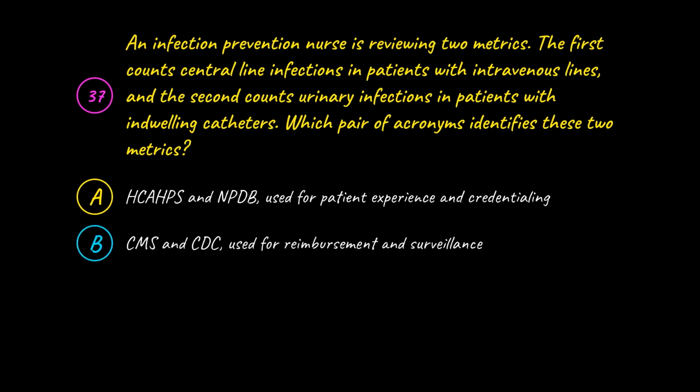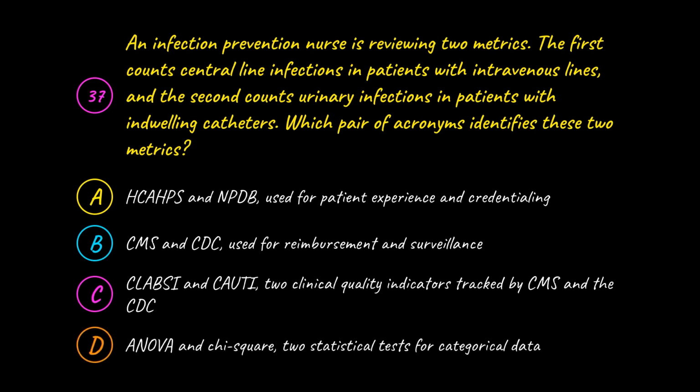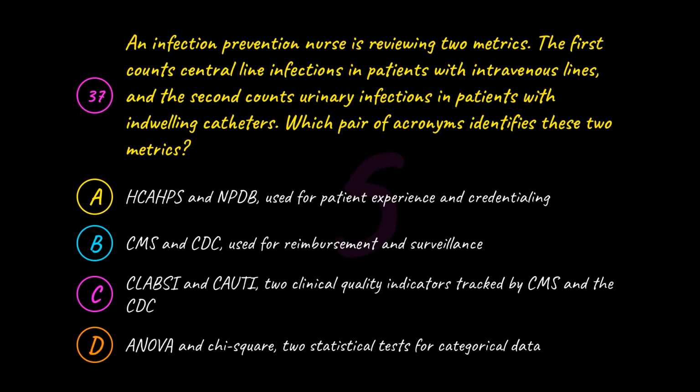B. CMS and CDC, used for reimbursement and surveillance. C. CLABSI and CAUTI, 2 clinical quality indicators tracked by CMS and the CDC. D. ANOVA and Chi-square, 2 statistical tests for categorical data. Pick one. Trust your gut. Here's your chance to test yourself.